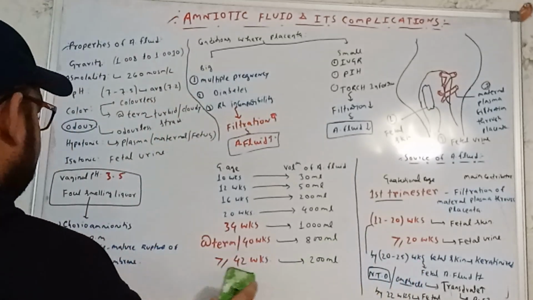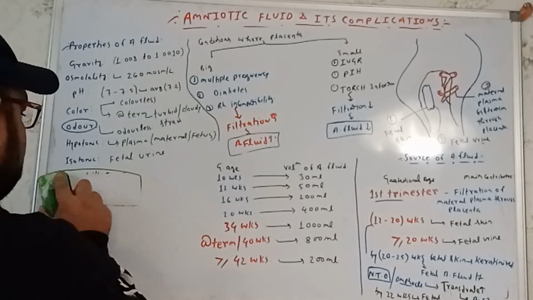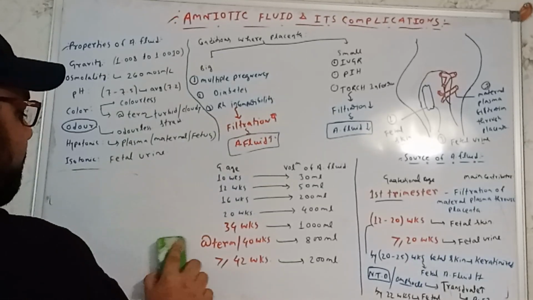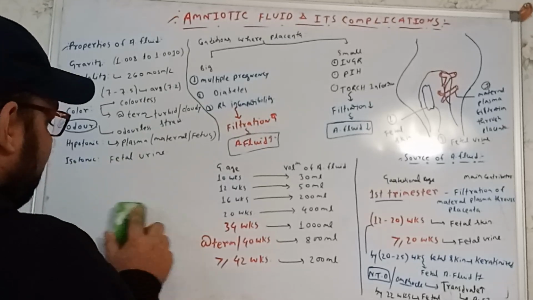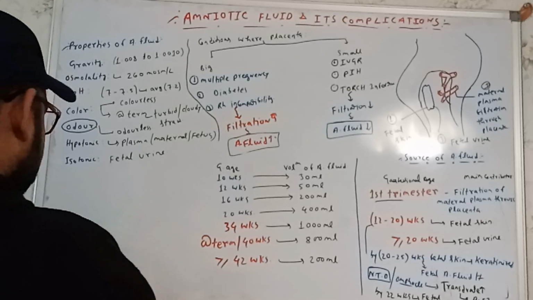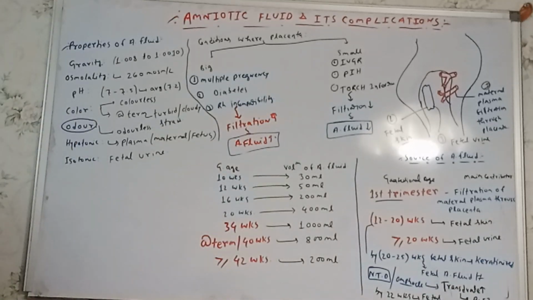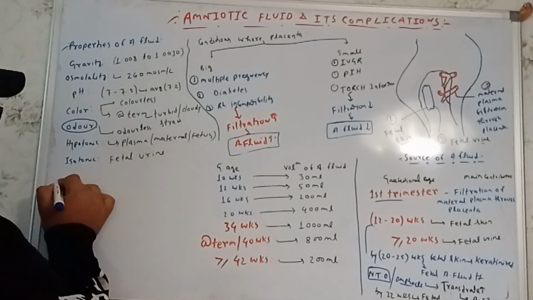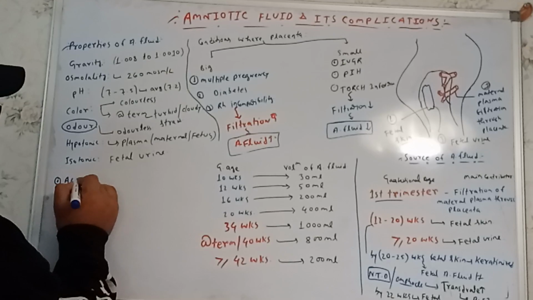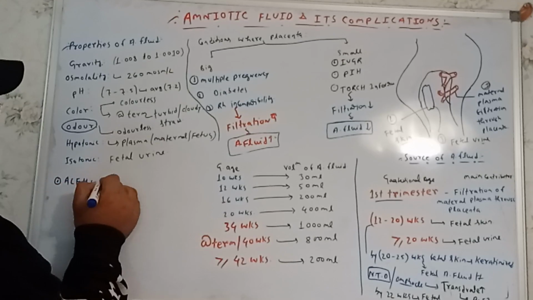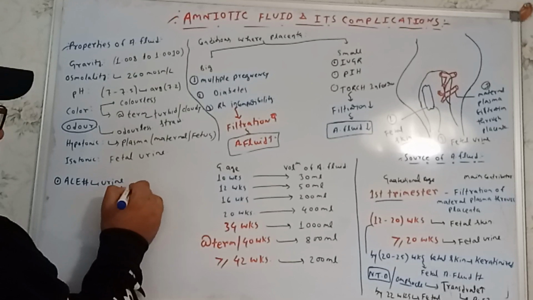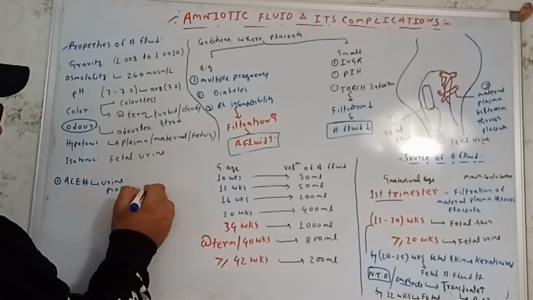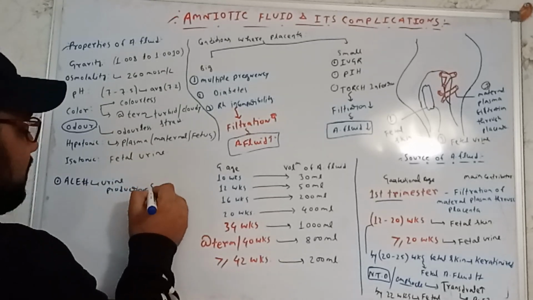It's very important, so I can't erase it. So let's write about these things here. There are certain conditions where the amniotic fluid will be decreased. For example, any individual who is under ACE inhibitors, in these cases we will get to see the urine production will be less.